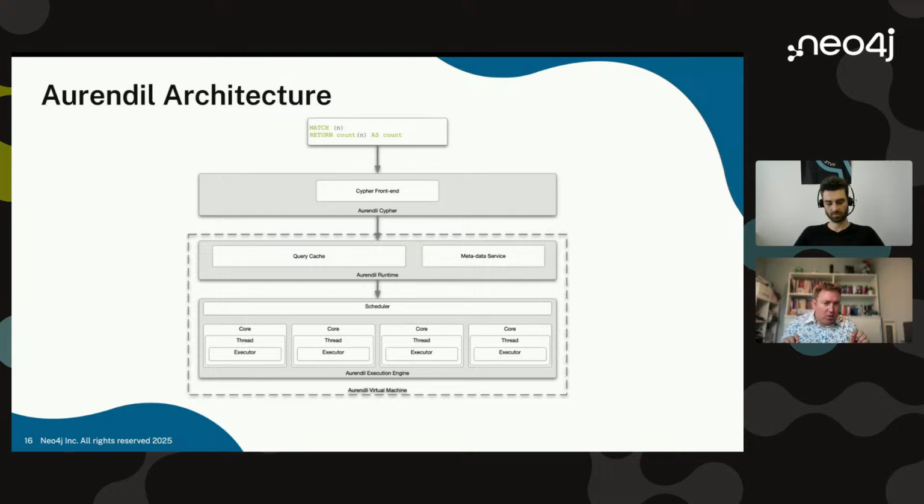The thing that sits above the execution engine is the runtime. The key innovation here is that we've tried to integrate the runtime closer to the database. The metadata service keeps track of the graph as you're building and mutating it. It knows statistics about what labels and types are in there, and what they are connected to.